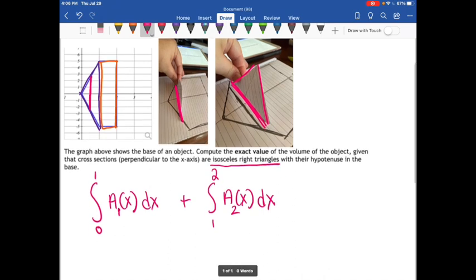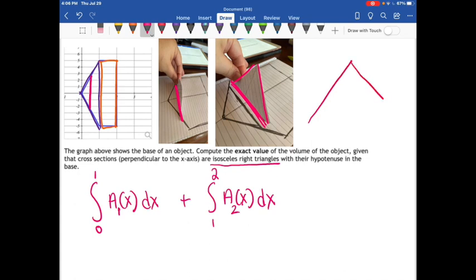Now, if you look at the picture of the cross section, imagine it doesn't look like it because I'm a horrible artist, but this is a 90-degree angle because it says that the hypotenuse is laying on the base. So this part right here that I just made thicker is going to be the part of the triangle. The hypotenuse is going to touch along the base on this graph.